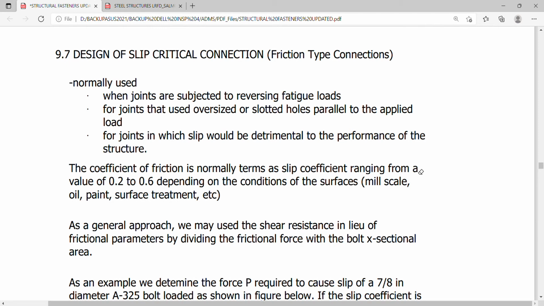So this is normally used when the joints are subjected to reversing fatigue loads.